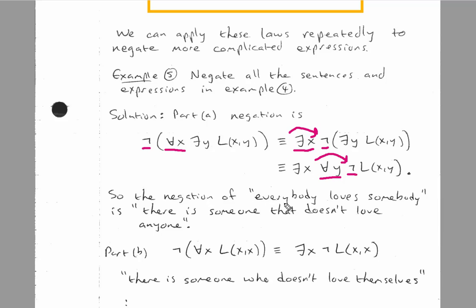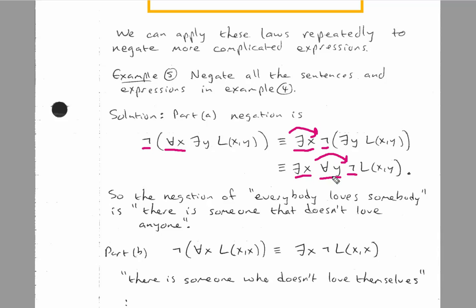So the negation of everybody loves somebody is there is someone that doesn't love anyone. So there's some x, so that x does not love any y's.